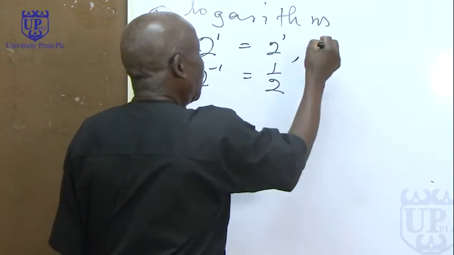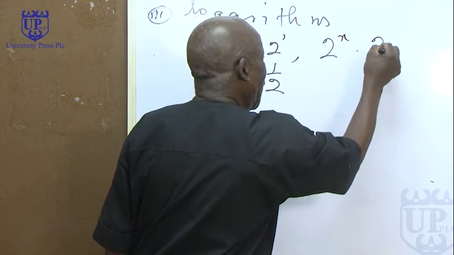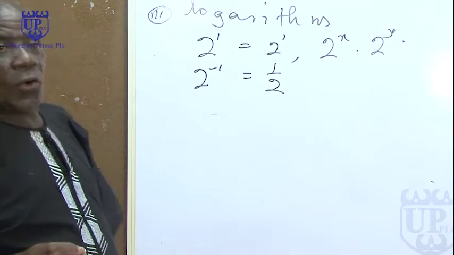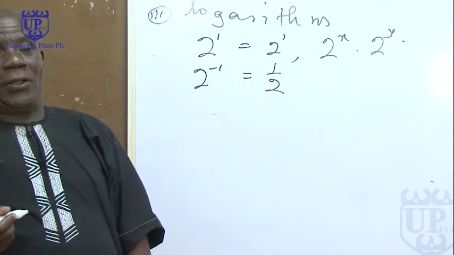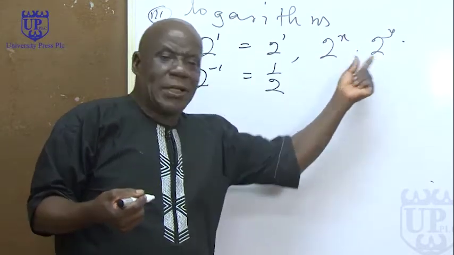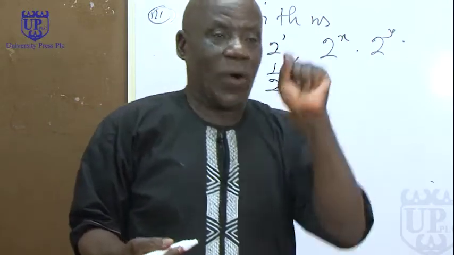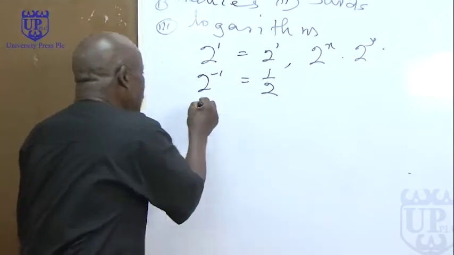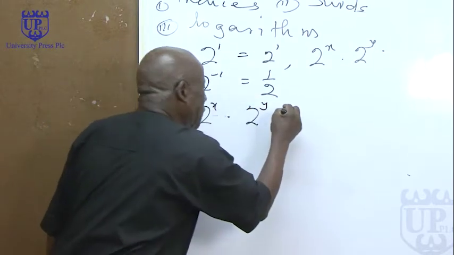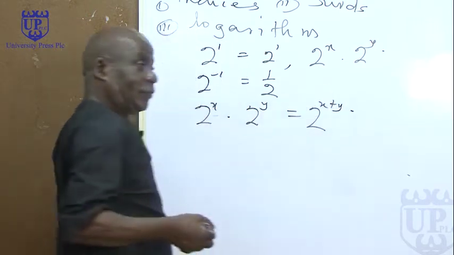Now, when I write 2 raised to power x multiplied by 2 raised to power y, it is not equal to 4 raised to power xy, because these are independent. This one does not depend on this, but because they are in the same base, you are free to add the indices. Now, 2 raised to power x multiplied by 2 raised to power y is the same thing as 2 raised to power x plus y.